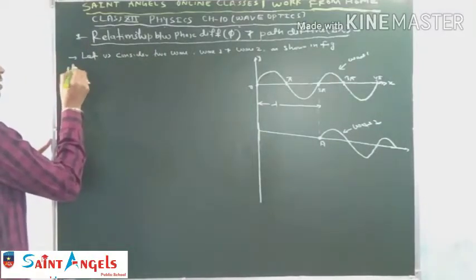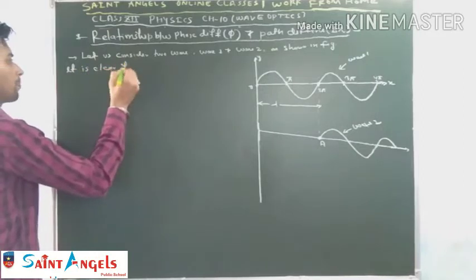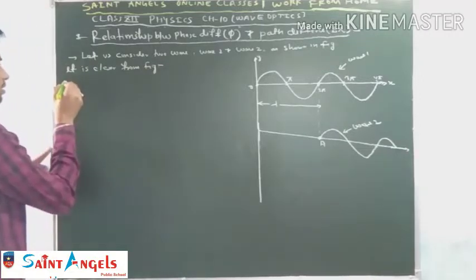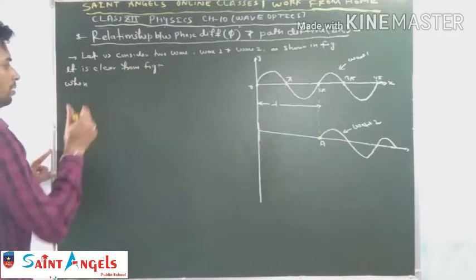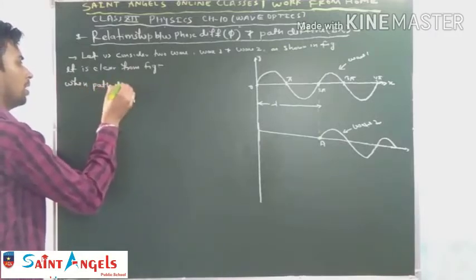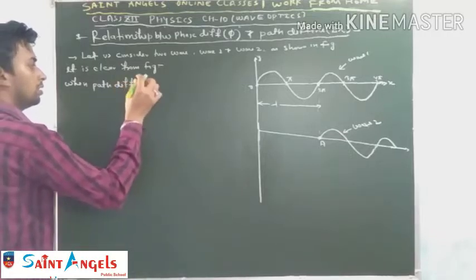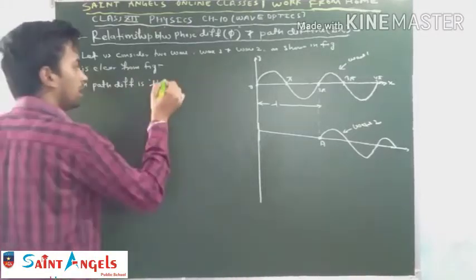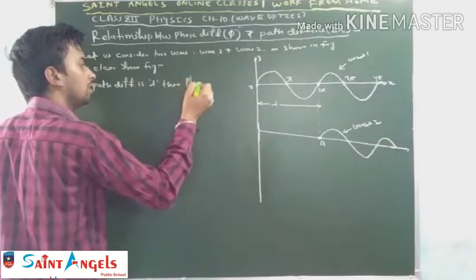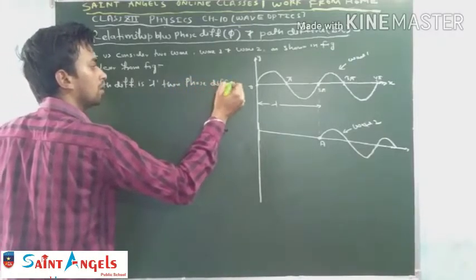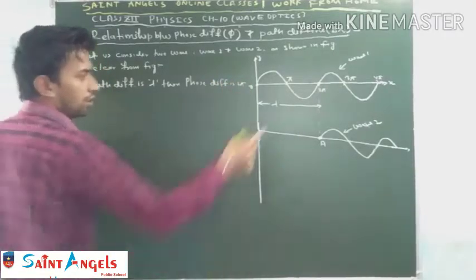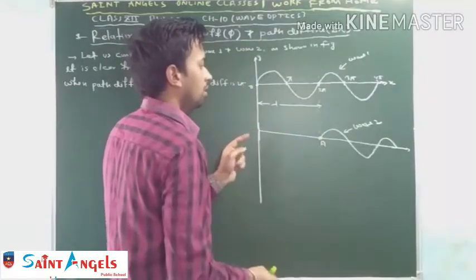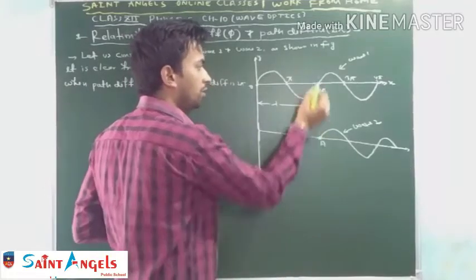It is clear from the figure: when path difference is lambda, then phase difference is 2 pi.